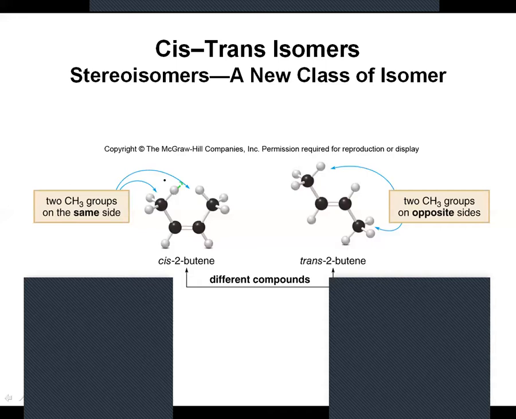And again, that's our CH3 group on each of them. They are both on the same side of the double bond, as you can see, and that's going to give us the cis, while this is our CH3 here and our CH3 here, which again is on opposite sides, which gives us our trans.